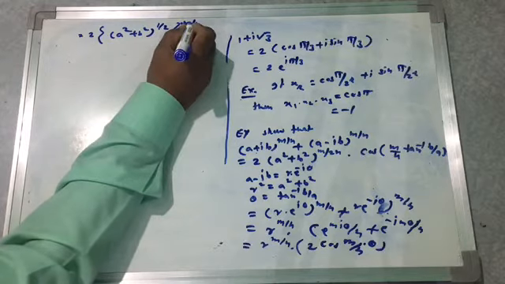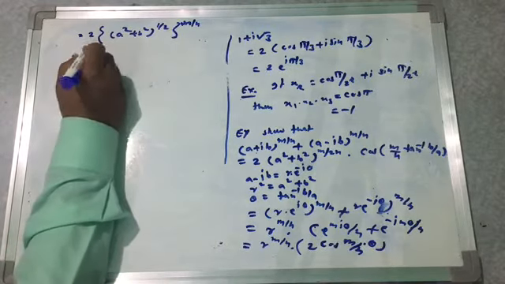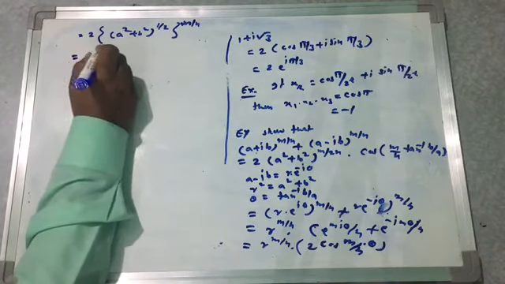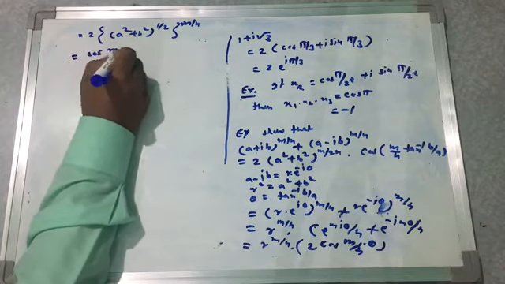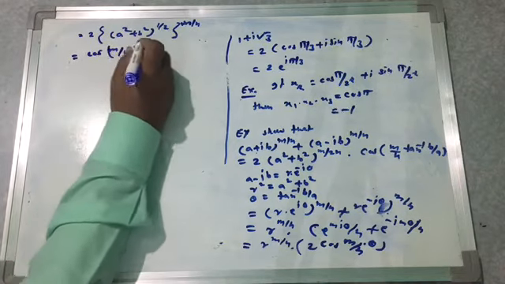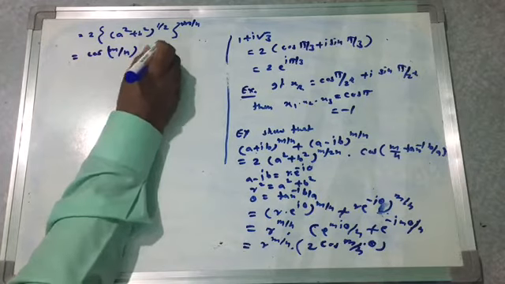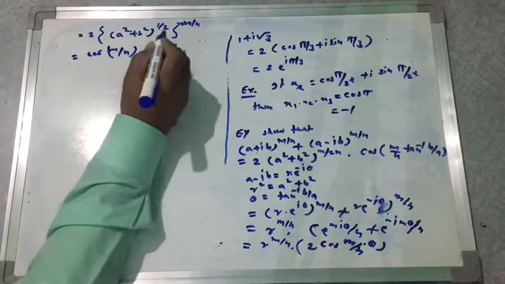This is equal to cos of m by n into tan inverse b by a.